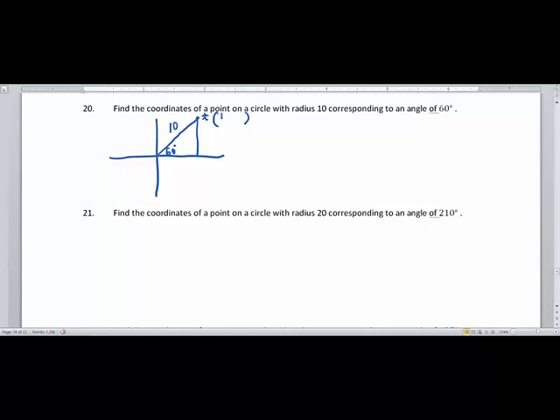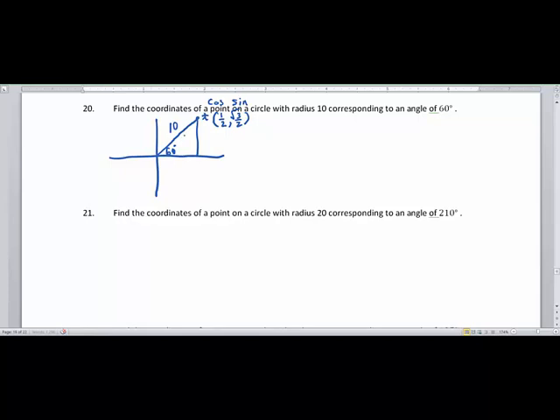Then this would be 1/2, and this would be square root of 3 over 2. Now this is the relationship of sine and cosine, and this is going to be our cosine here, and this is going to be our sine here, on a unit circle with radius 1.